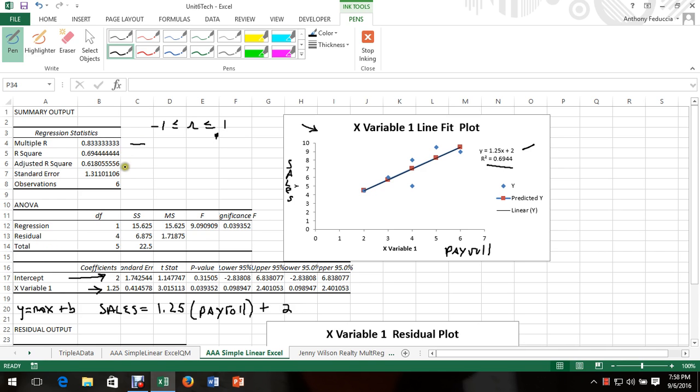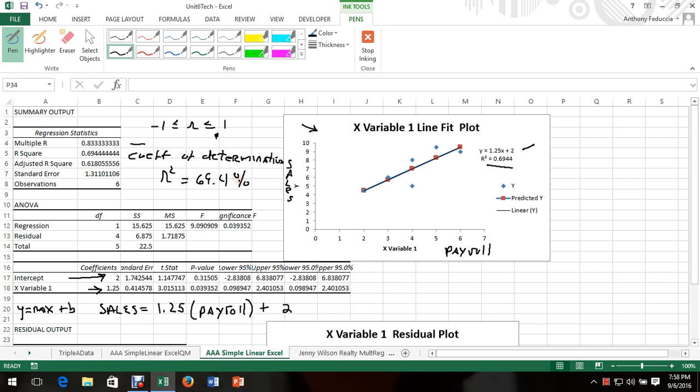Now, r squared is called the coefficient of determination. I think I saw this in a quiz or something that you're going to do. Coefficient of determination, that's R squared. In this case, it's 0.69, so we'll say 69.4 in percent.